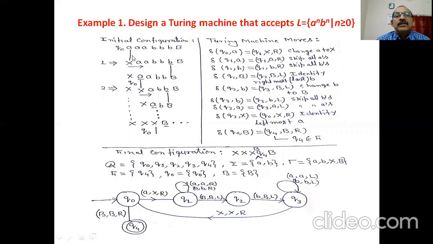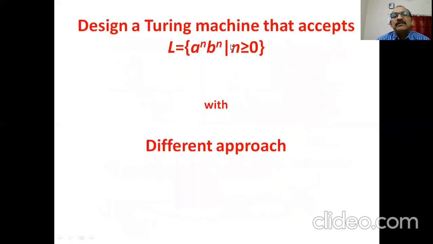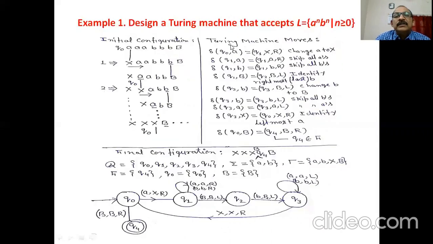After converting this A into X, the machine is in the state Q1. Now, the machine in state Q1 and input A remains in the same state, replaces this A by A and moves in the right direction. And if it reads B, it replaces this B by B, remains in the same state and moves in the right direction.